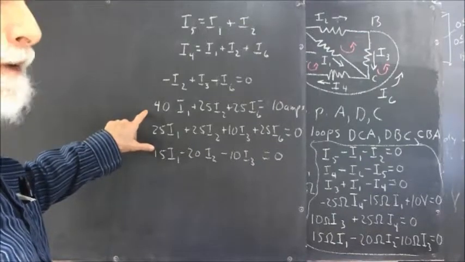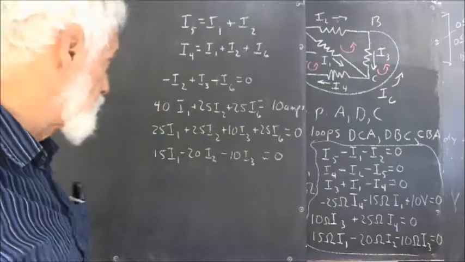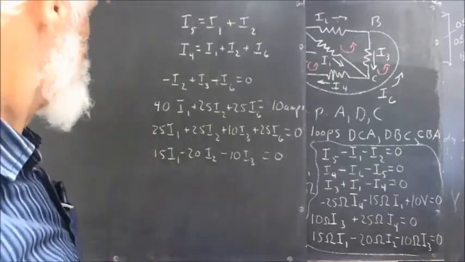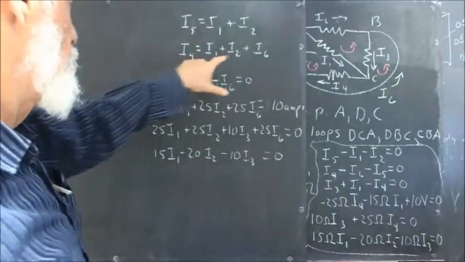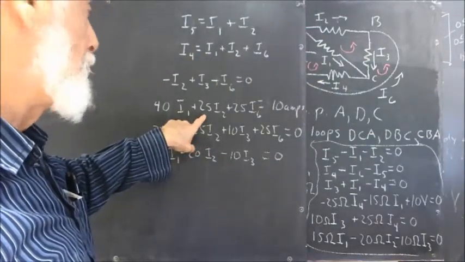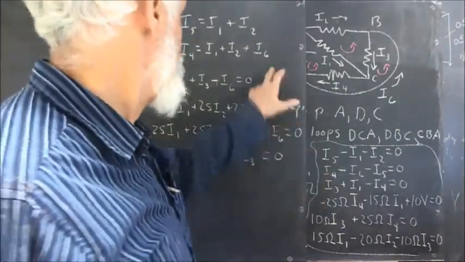Now I'm also going to risk changing all the signs, so these all come out positive. So changing the sign, that comes out 40 I1. Then I have 25 I4, so I'm going to have 25 I2, and I'm going to have a 25 I6.